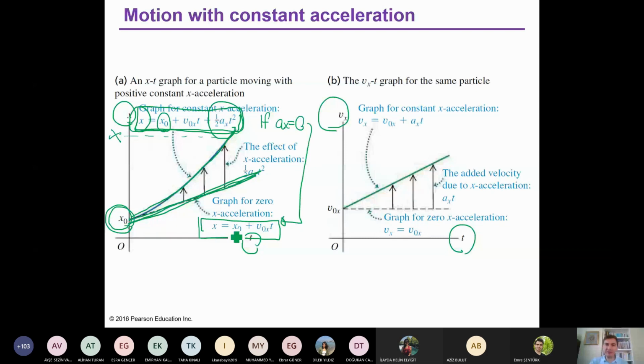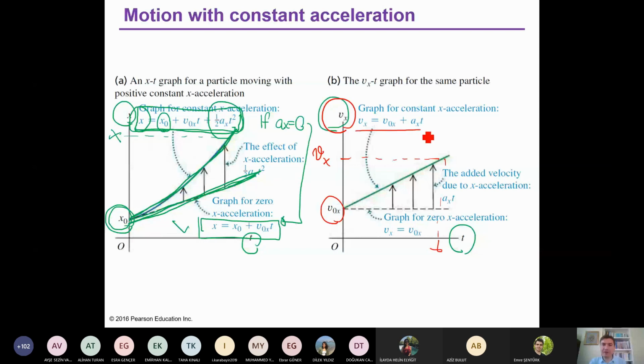Now let me continue with the vx graph. Here we have vx velocity, and let's say this is the final vx, and this is the initial velocity when the time is 0, and this is the final time t, and this is the 0. So what do you see here? vx is given by v0x plus ax t. So if we have constant acceleration, okay?